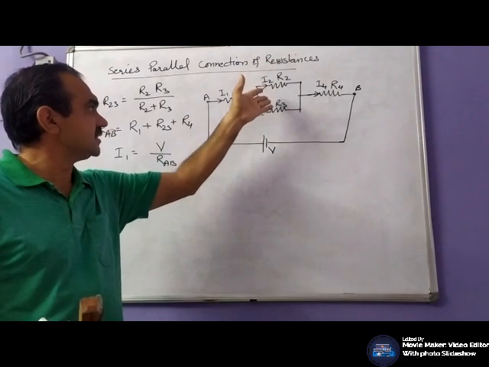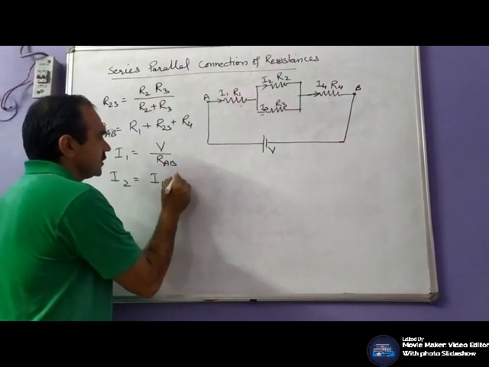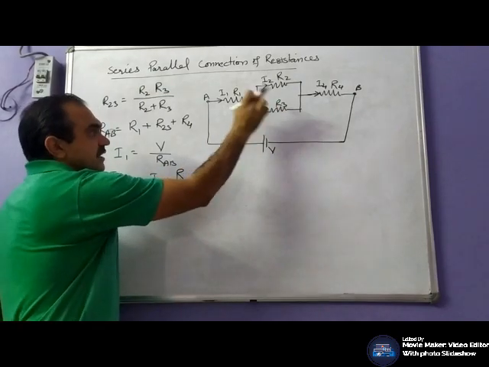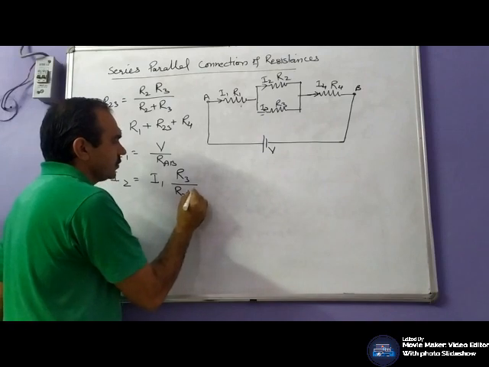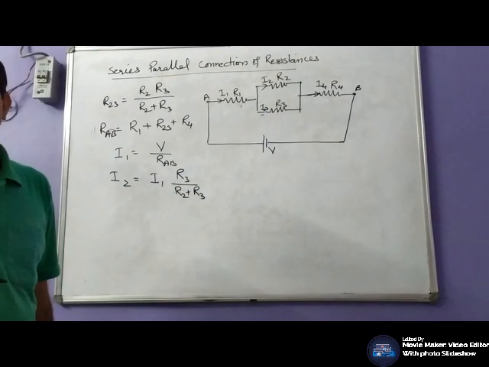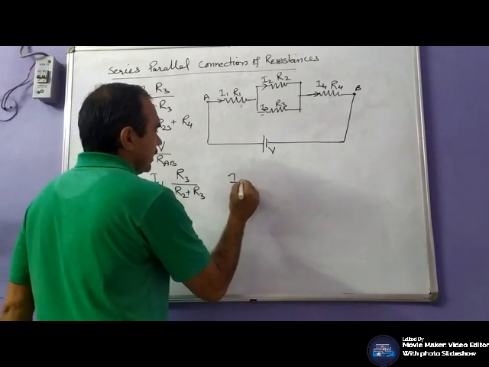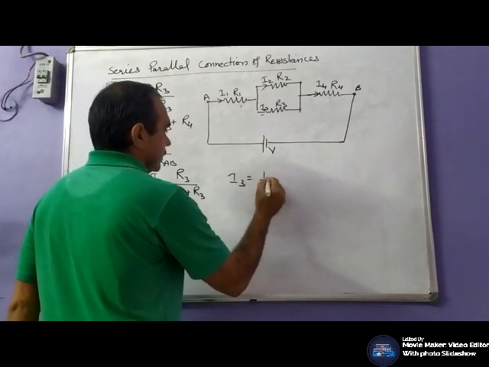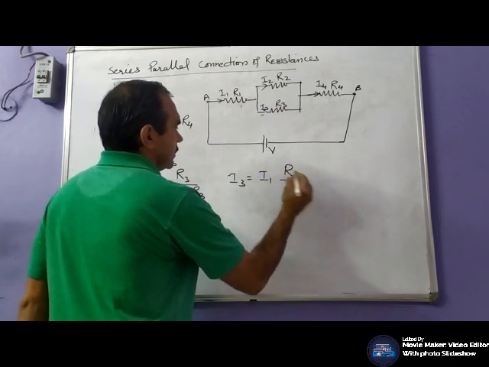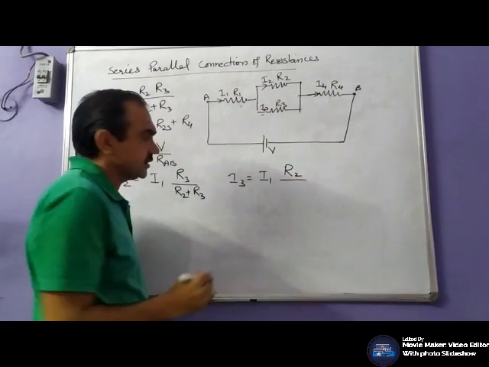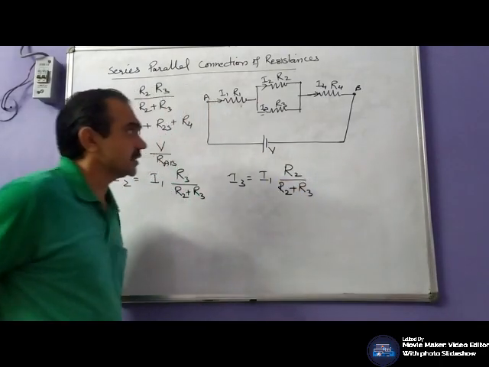When both the resistances are connected in parallel, I2 is the total current times the resistance of the other branch, R3, divided by the sum of the resistances, R2 plus R3. Likewise, I3 is the total current times the resistance of the other branch, R2, divided by R2 plus R3.